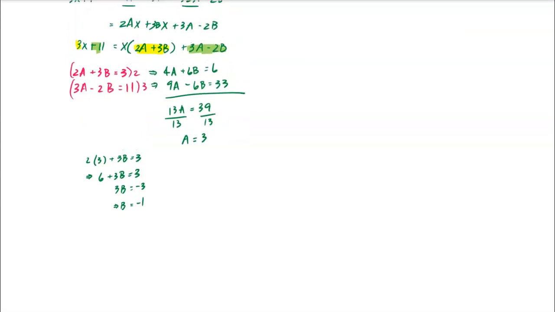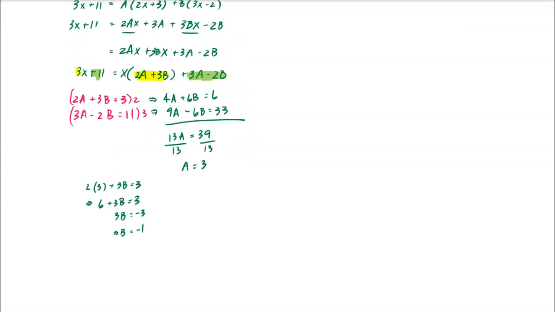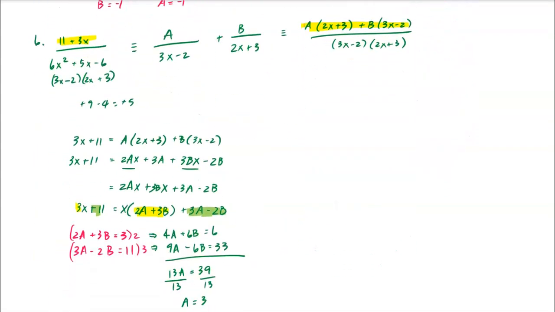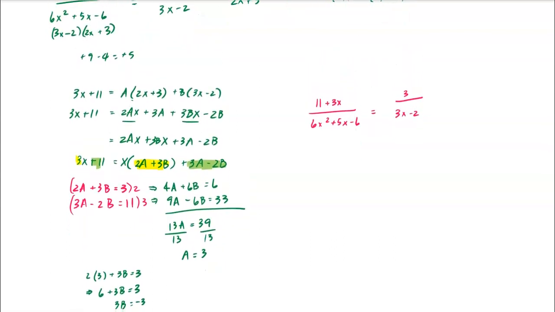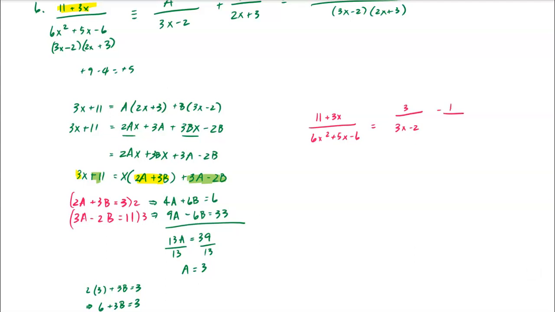Where's the original problem? Let's go ahead and look at where it went. It went all the way over here. Let's go ahead and rewrite it. 11 plus 3x over 6x squared plus 5x minus 6 equals, we had a, which was 3, over 3x minus 2, and we had our minus 1 over 2x plus 3.